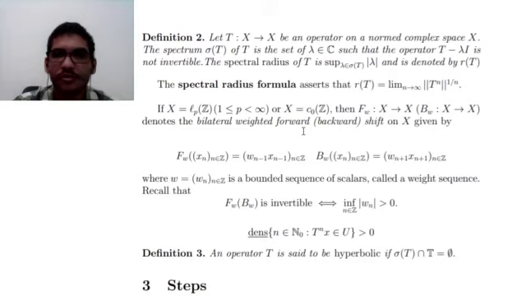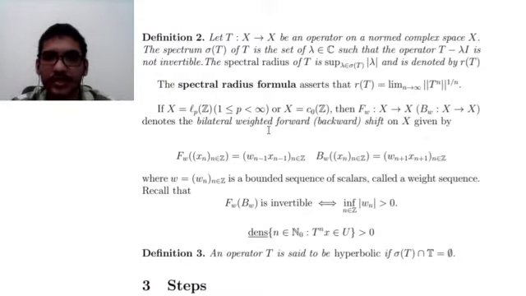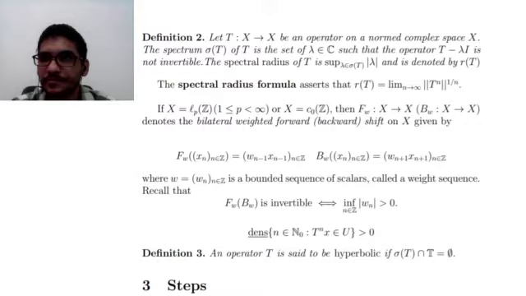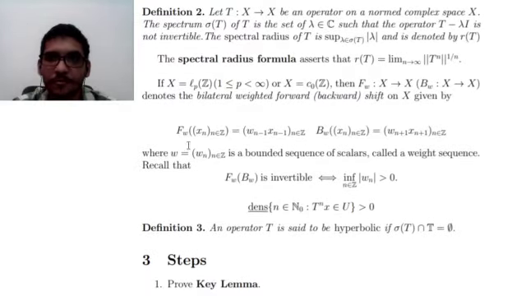You go forward and multiply by the weight. Okay, so these are the bilateral weighted forward shift, this one F, and backward shift, B, where w is a sequence of bounded scalars.